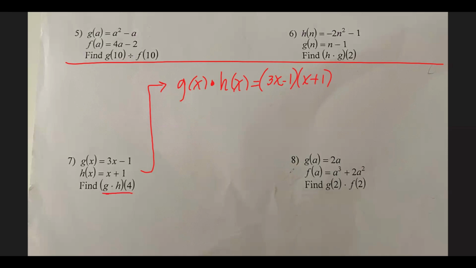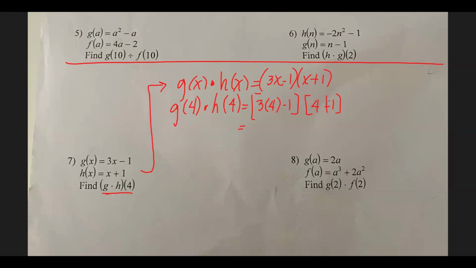Then apply this one with your x. If x is 4, g of 4 times h of 4 is equal to, you have to replace your x if x is 4. So 3 times 4 minus 1, then multiply by 4 minus 1. Ay, it's plus, sorry.